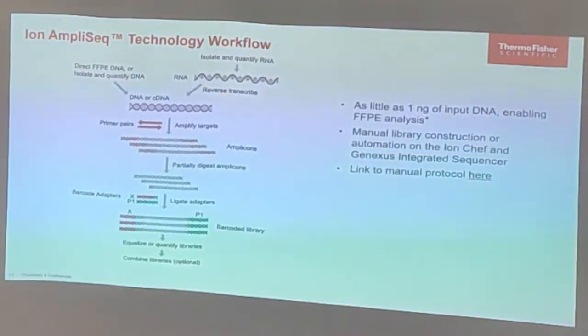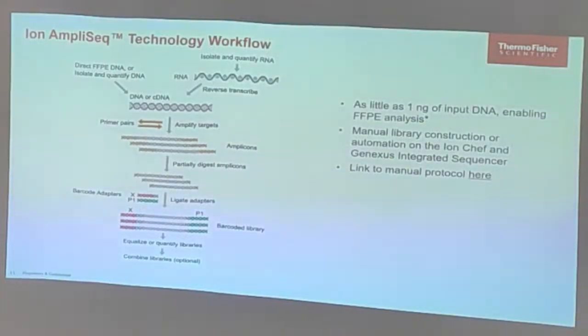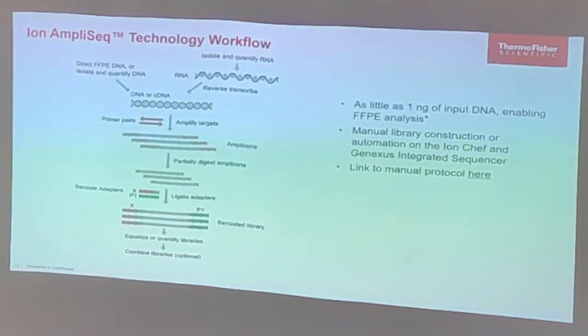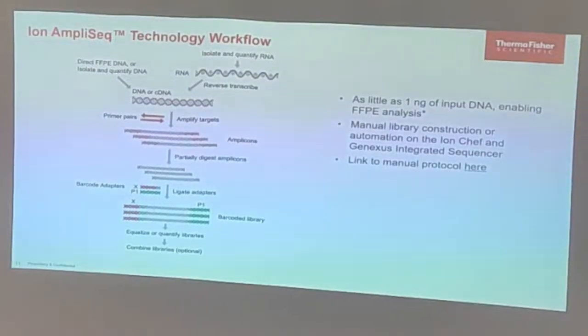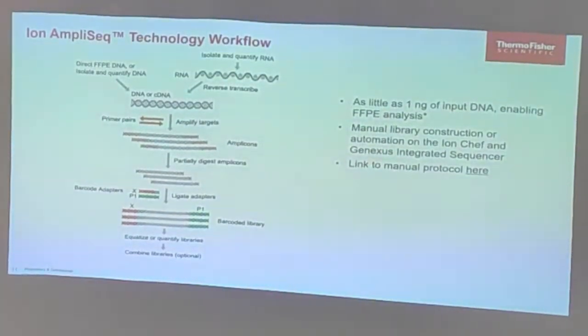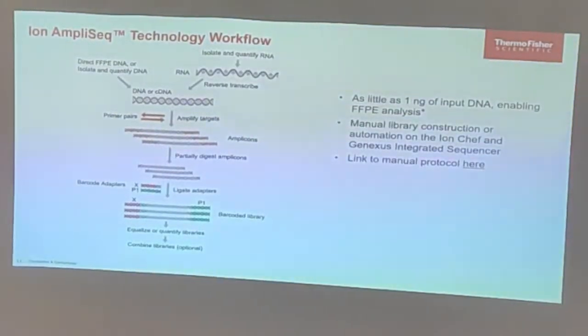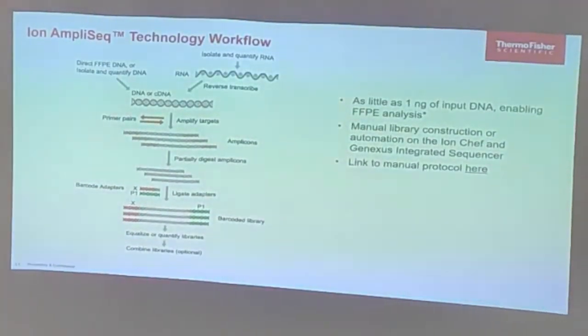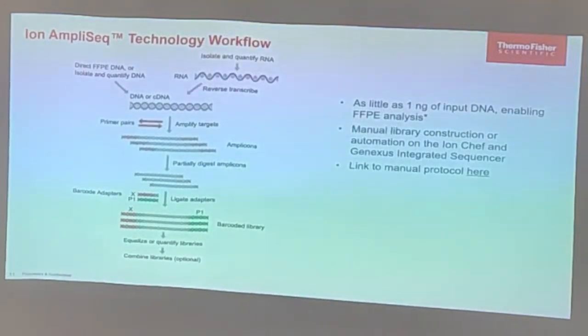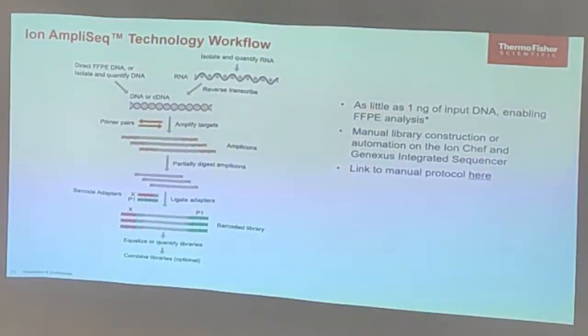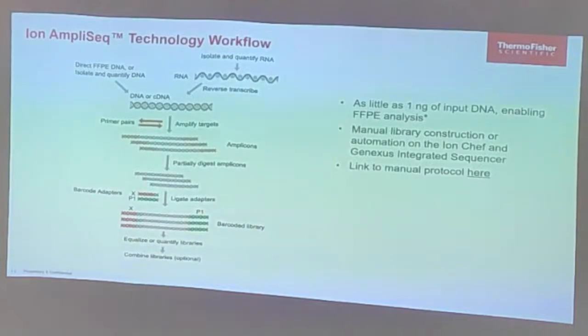It contains 420 genes and the loci are more than 17,000, 18,000. So all these genes you have identified. The next part is that you have to ligate with some adapters, so that in the subsequent enrichment step, all the positive amplicons are uniformly amplified.